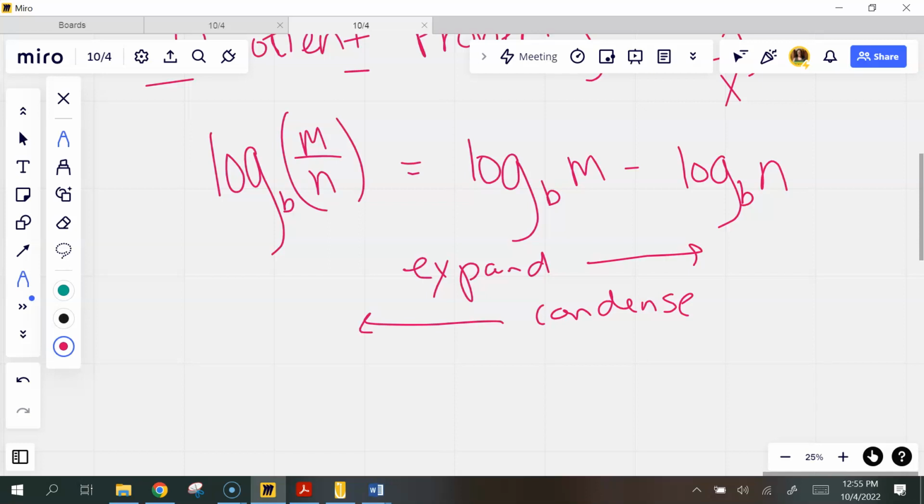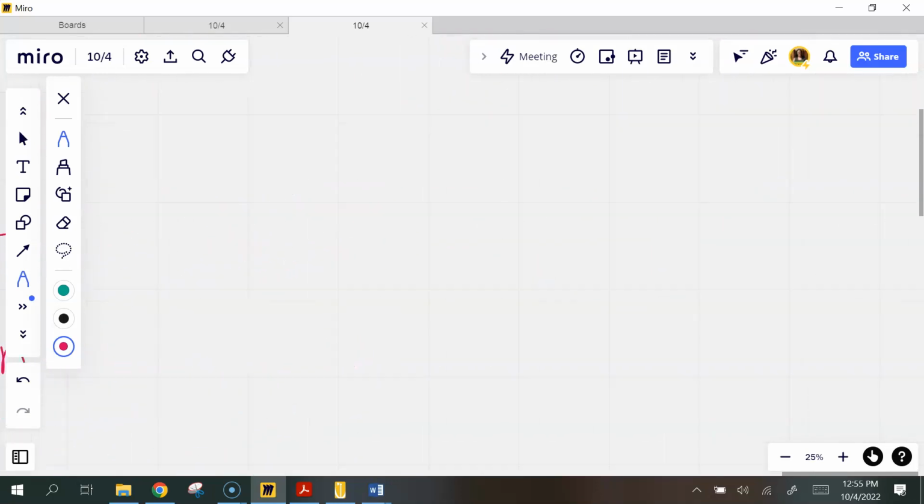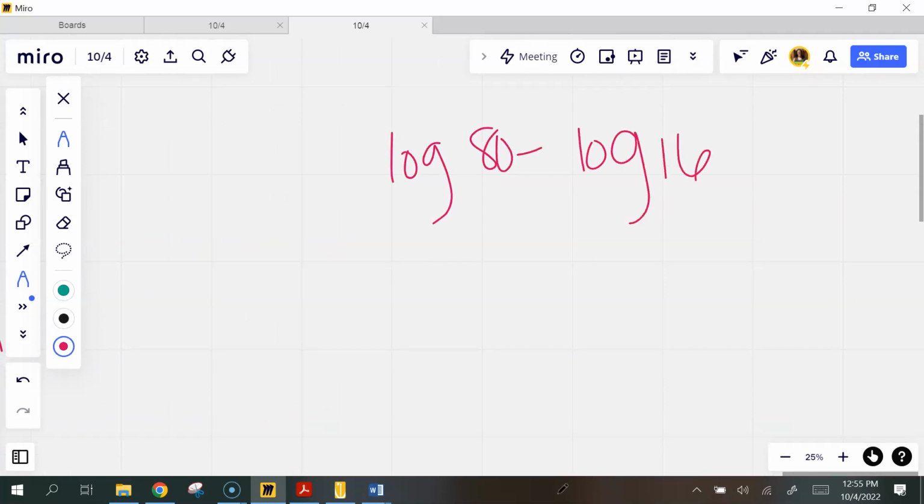Everybody good? Okay. Look at the first example here. Condense the log of 80 minus the log of 16. I don't see a base on here. What does that mean? Yay. It's 10. Okay.